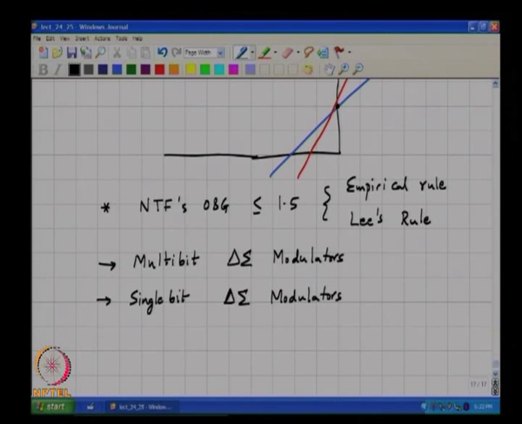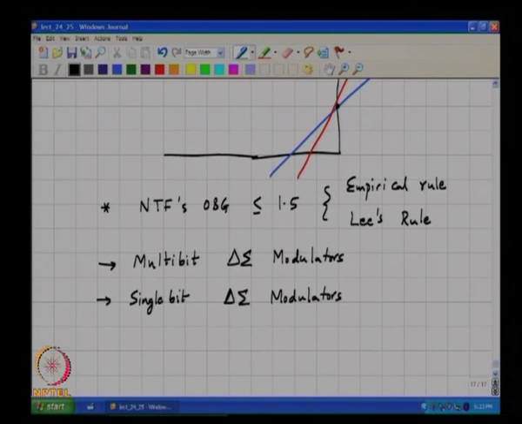So, you can take a 1 bit quantizer and make it look, within a signal band, like a very precise quantizer, okay. So, in a lot of your PC sound cards, for example, where voice is digitized and you are getting sound out, okay, single bit modulators are at work.